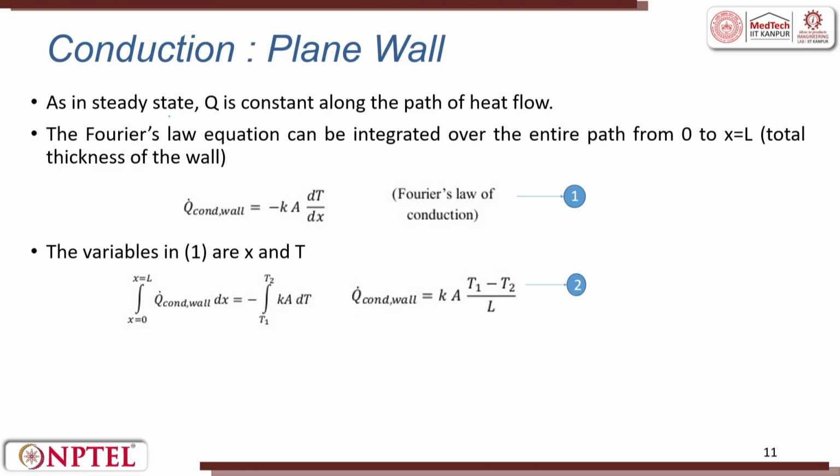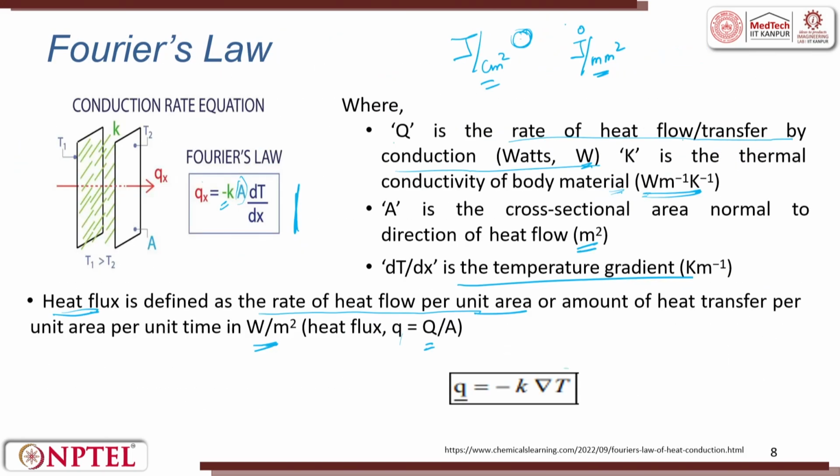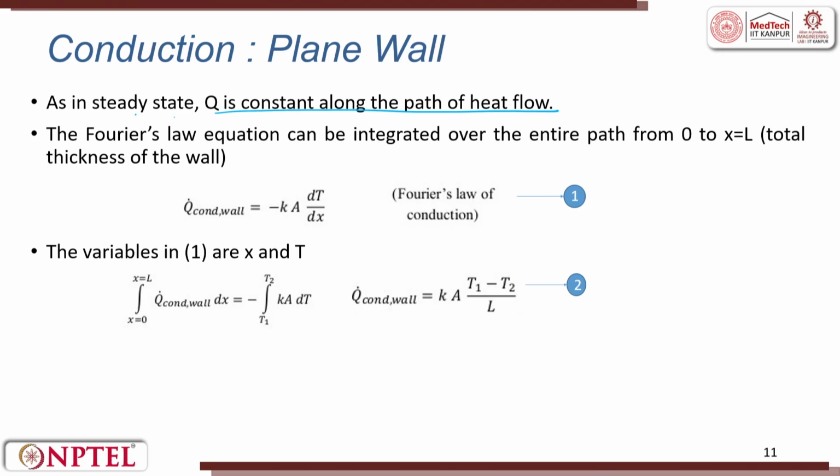As it is a steady state, Q is constant along the path of heat flow. What is Q? Q is the rate of heat flow. In the steady state, Q is constant along the path of heat flow, so Fourier's law equation can be integrated over the entire path from 0 to L. Q conduction of a wall is minus K times A into dT by dx, by Fourier's law of conduction.